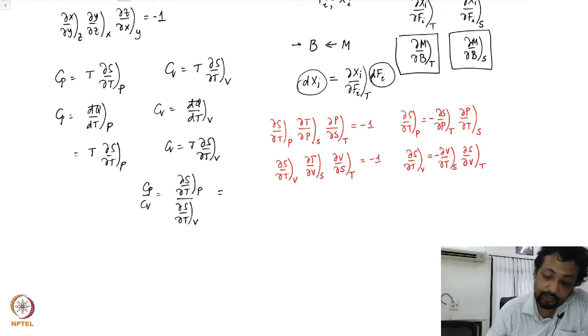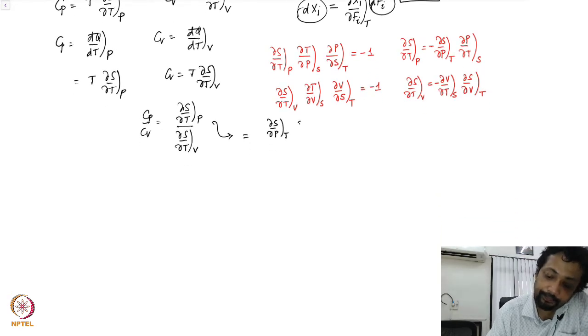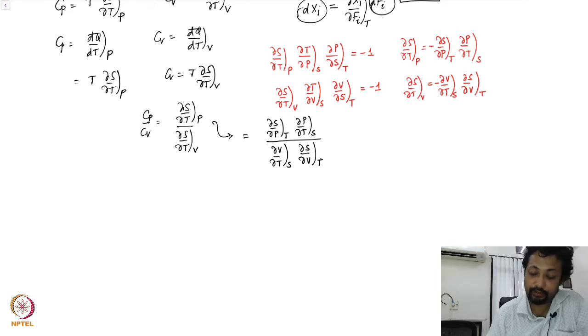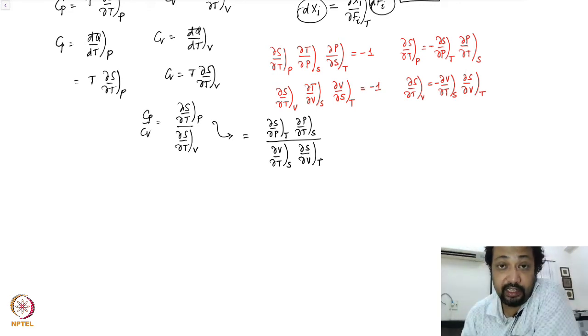Therefore this ratio is now (∂S/∂P) at constant temperature times (∂P/∂T) at constant entropy, divided by (∂V/∂T) at constant entropy times (∂S/∂V) at constant temperature. Now the minus sign has cancelled out.